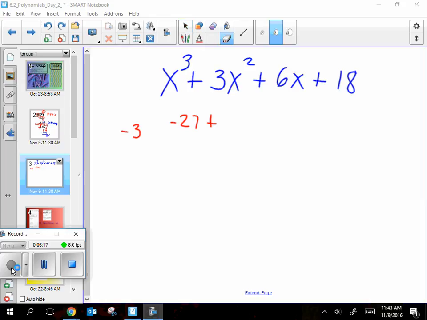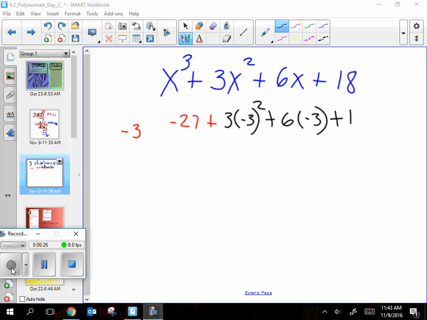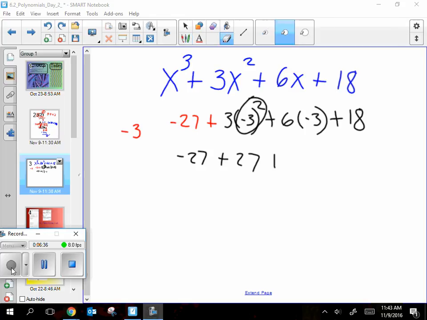It makes this thing equal 0. -27, and that's 9 times 3 is +27, and those cancel. And this becomes -18, and then +18, and those cancel, so it equals 0. Cool. So why would you ever need to know that?